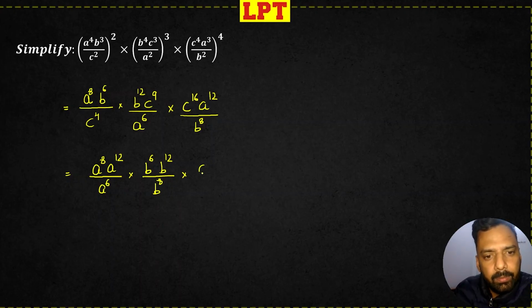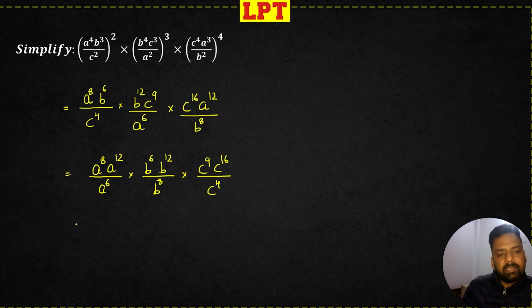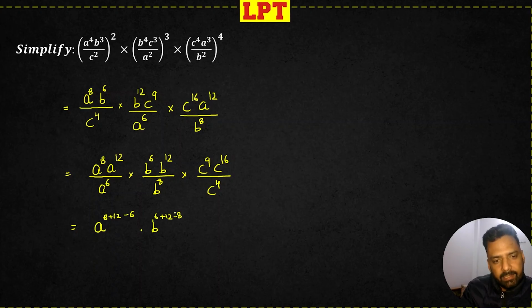Then I have c to the power 9, c to the power 16, and then I have c to the power 4. अब we know कि when bases are same तो power will be added. ये वाले केस में तो I can write है कि ये दोनों powers तो add हो जाएंगी, like 8 plus 12, but this will go into the subtraction, ठीक है, into b to the power 6 plus 12 minus 8, ठीक है, minus for this power, into c to the power 9 plus 16 minus 4.